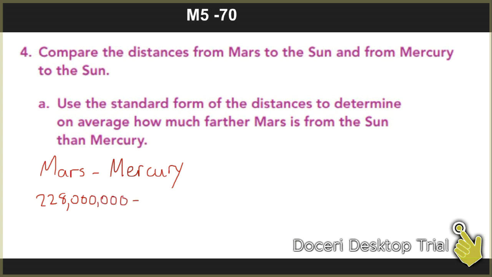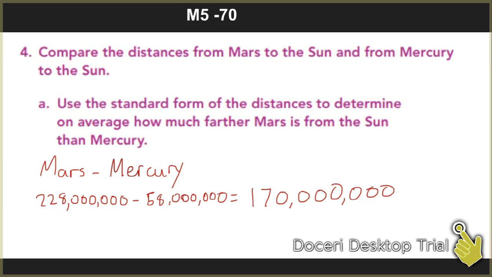And the chart tells us that Mercury is 58 million. And if you subtract that on paper, or if you do it in your calculator, either way, you're going to end up with 170 million as your answer. Okay?